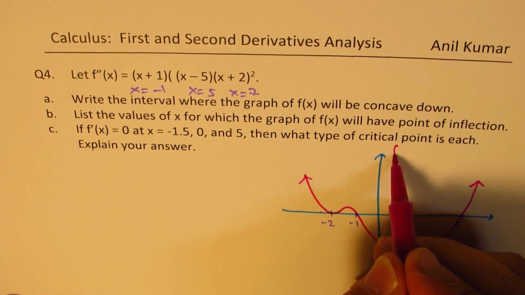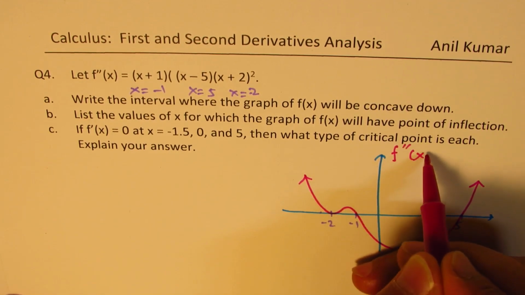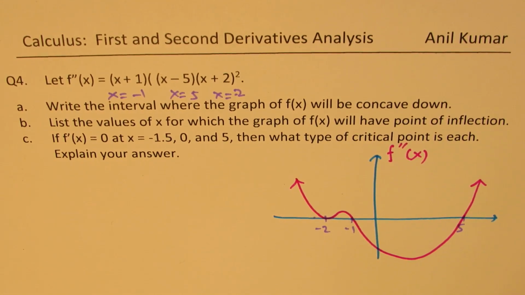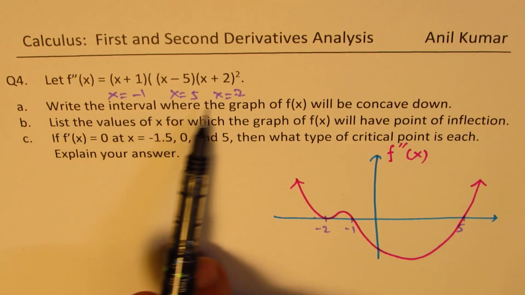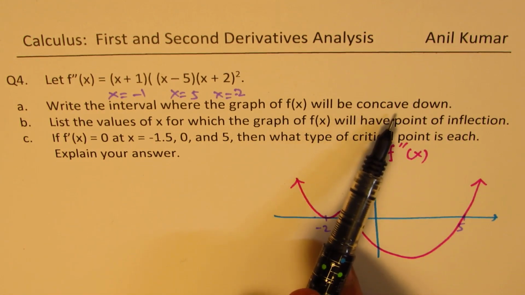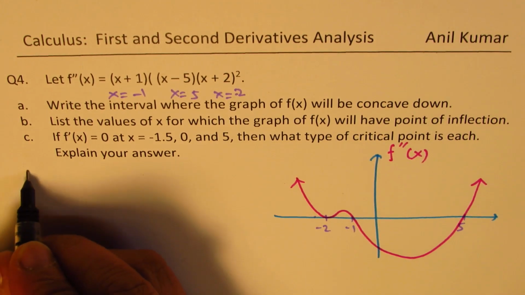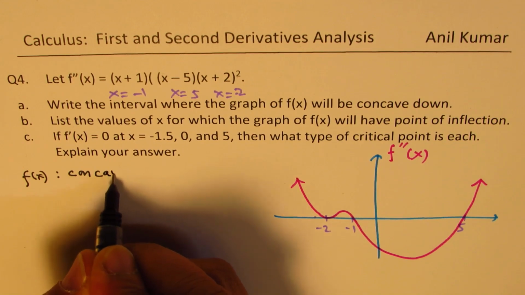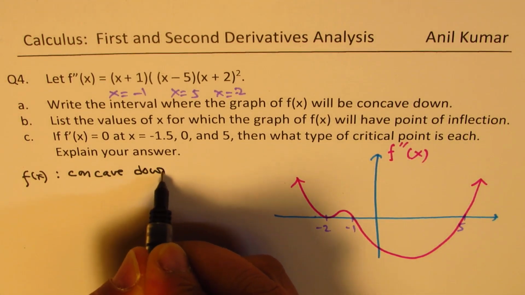And this is the graph of the second derivative, okay? Now once we have the graph, it is easier to answer these questions. A, write the interval where the graph of function f of x will be concave down. So we want f of x to be concave down, right?